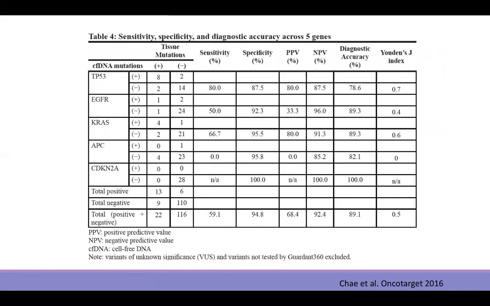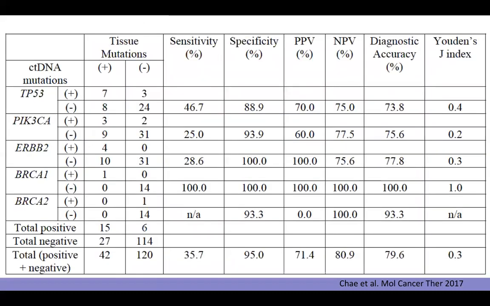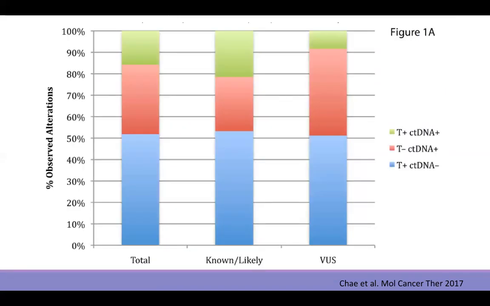But if you look at individual genes, the concordance could be as high as 90%, if you only look at one gene. But if you look at all the genes that are detected, the concordance goes down. And I looked at the same pattern among breast cancer patients.